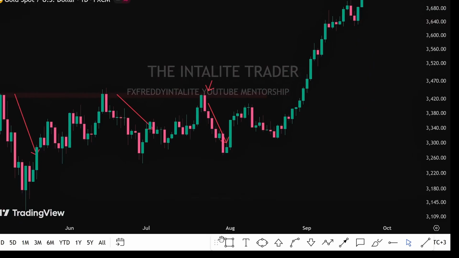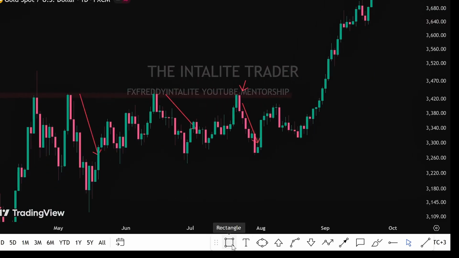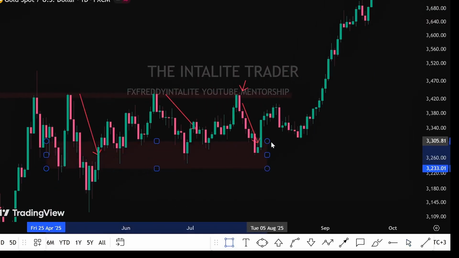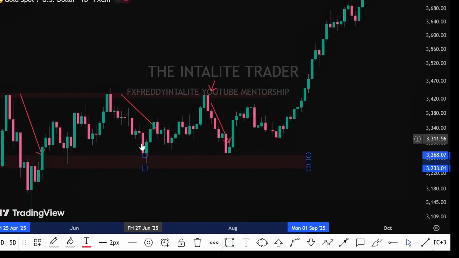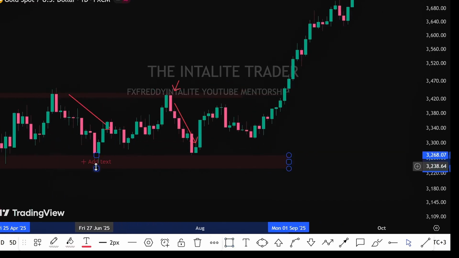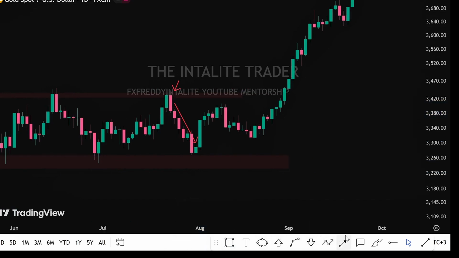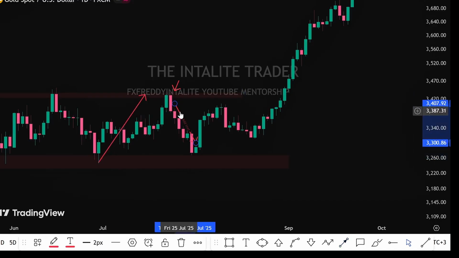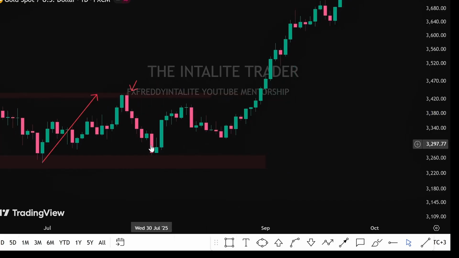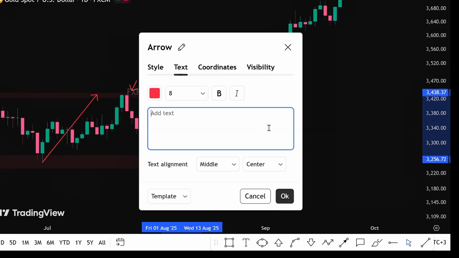Then you had this move here, you had a long wick candle, price bought here. With gold, this is a lot of money if you're trading gold. Then you had a candle color change, price bought.